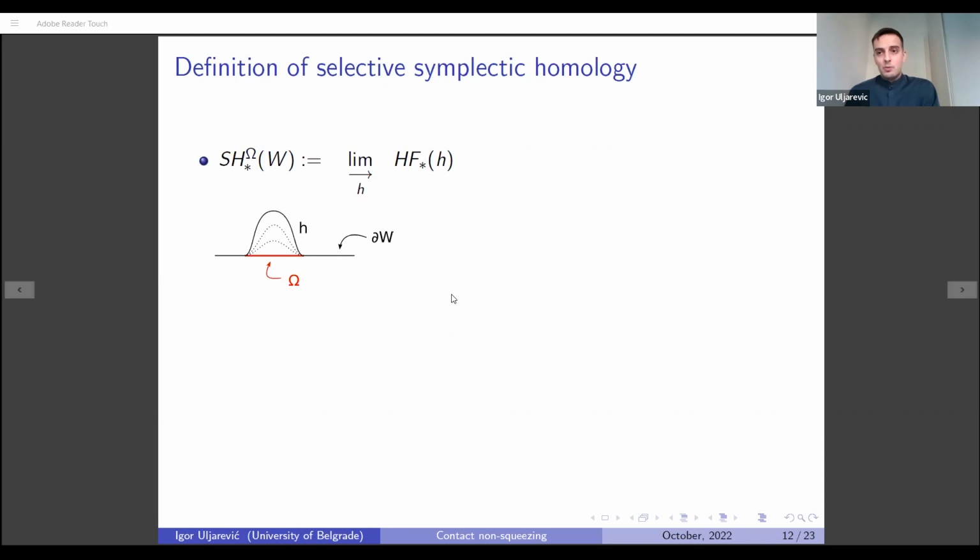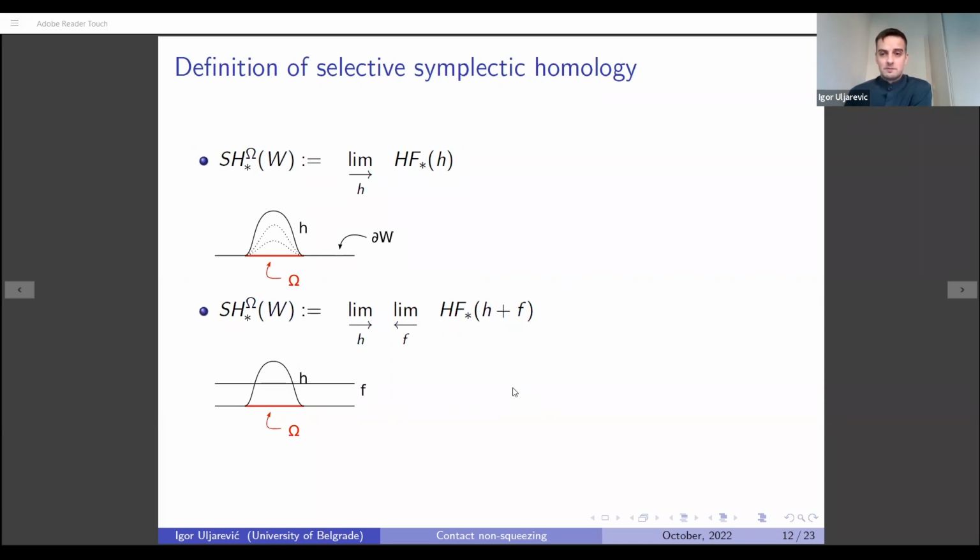For that reason, we take an additional step in the construction of selective symplectic homology. We perturb the contact Hamiltonian H by a positive perturbation. Then we let the perturbation tend to zero along the way, taking the inverse limit of Floer homology groups. And only after that, we take the direct limit with respect to H.